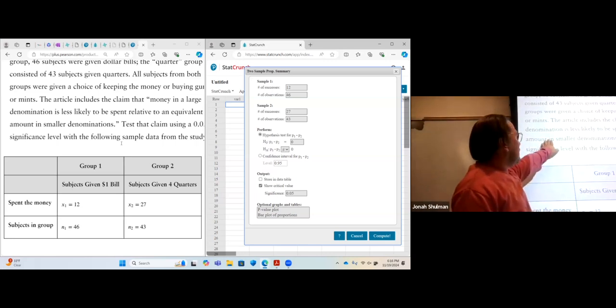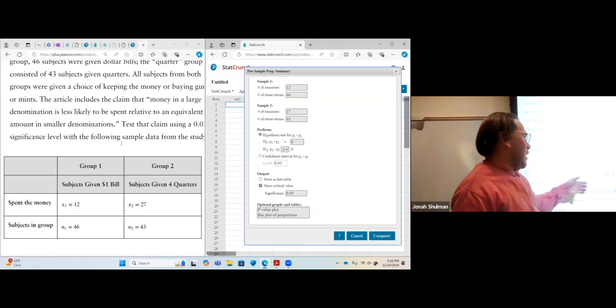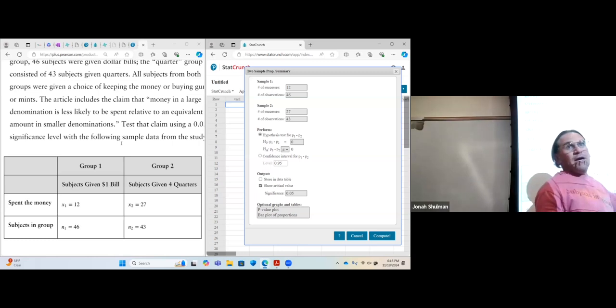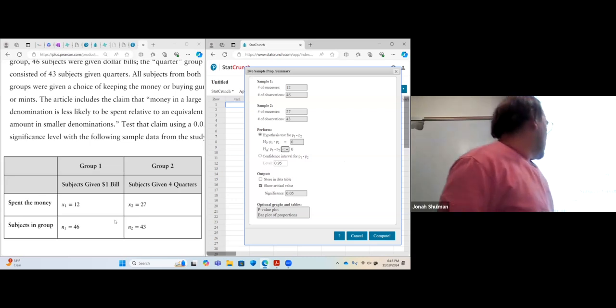Where our claim is that the money in the big one will be what? Less people are going to spend it, right? So if we did it this way, then this one should have a bigger amount. So that's why this one should be a greater than 0. Was that okay? Why it's greater than? Does that make sense to everybody? Greater than or less than?